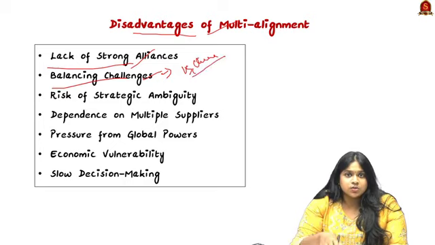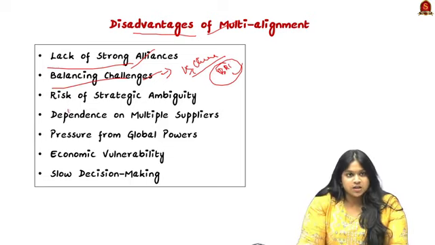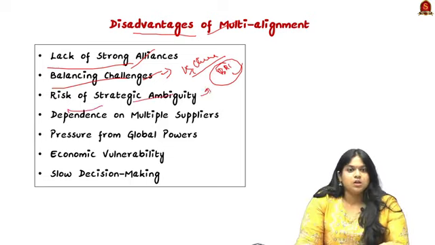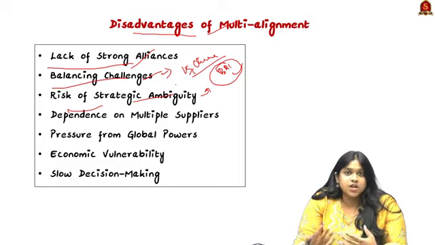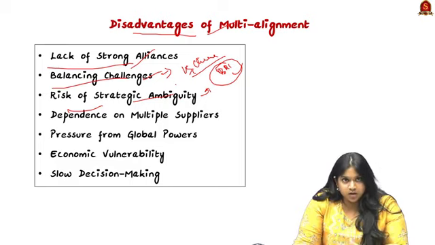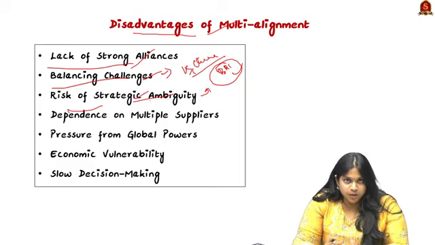So through balancing issues such as the BRI project, we need to balance a lot of challenges. Then the risk of strategic ambiguity. So having multi-alignment relations leads to us having different strategies for different countries. So it leads to ambiguity and not having one particular plan.